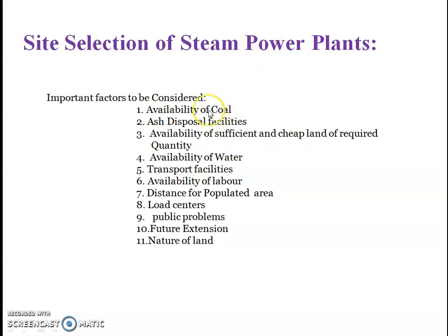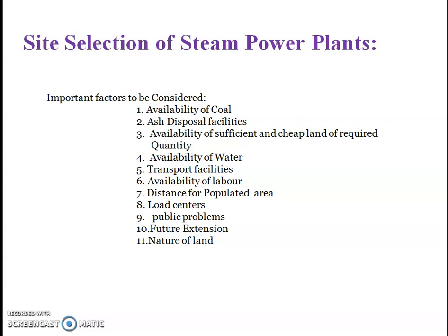And the third one is availability of sufficient and cheap land of required quantity. Sufficient land at cheap rates must be available. The land should include the space required for the coal storage, ash disposal, plant building, machinery, cooling towers, switchyard and office complex, staff colony, provision for future expansion and for other purposes.